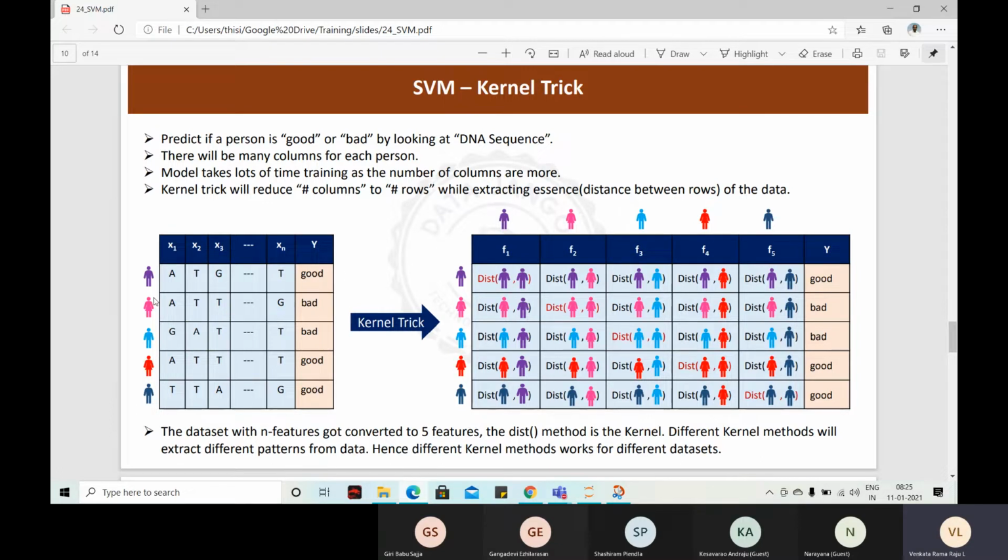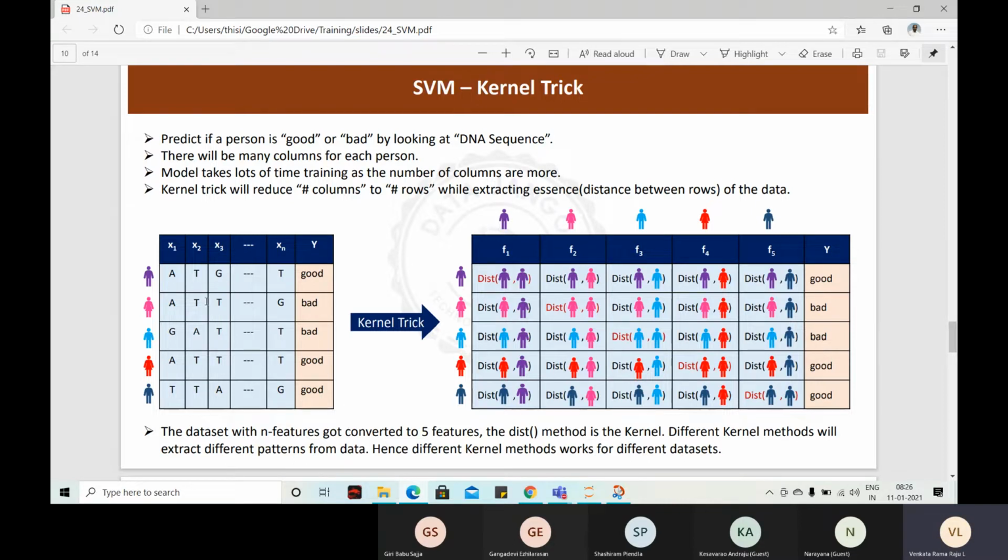So if you have to take a person's DNA and predict whether he or she is good or bad, we have to build a model. We have taken some sequences of 5 people and we said good, bad, good, like that. We labeled the data. Now we need to build a model. If you take the same data and try to build a model, it's going to be difficult.